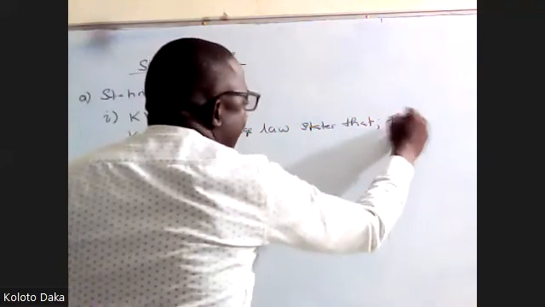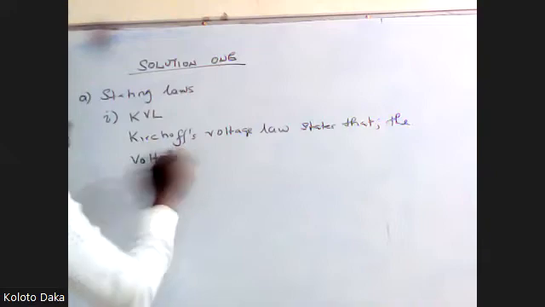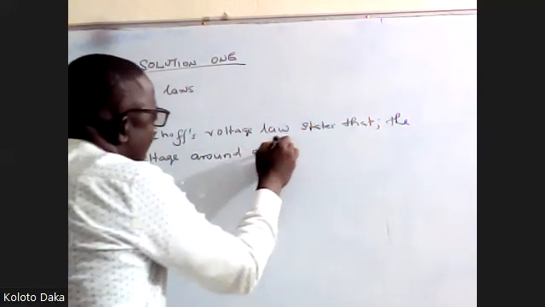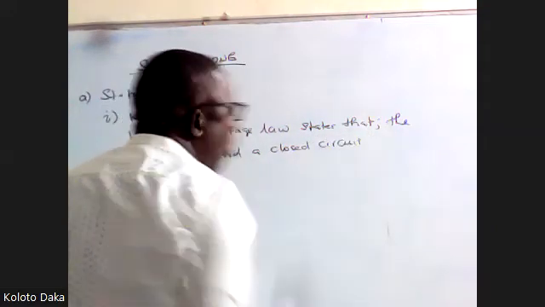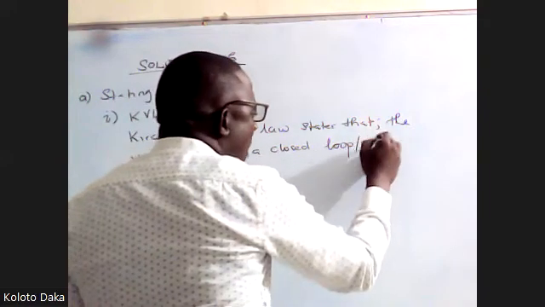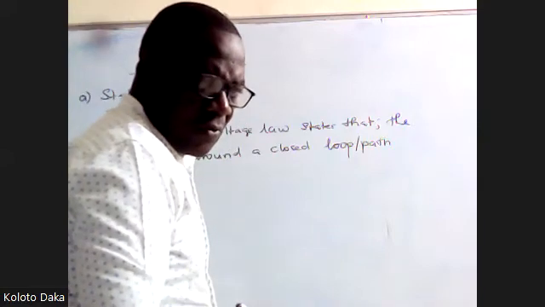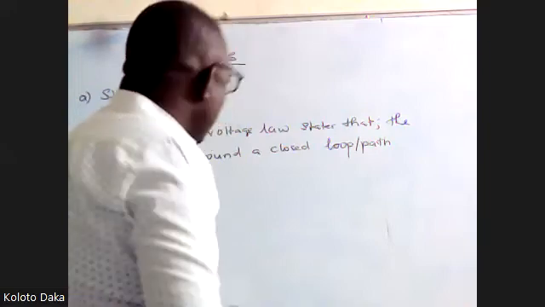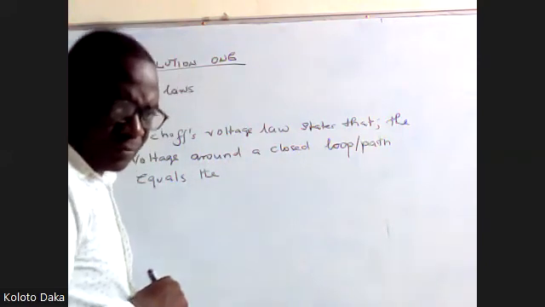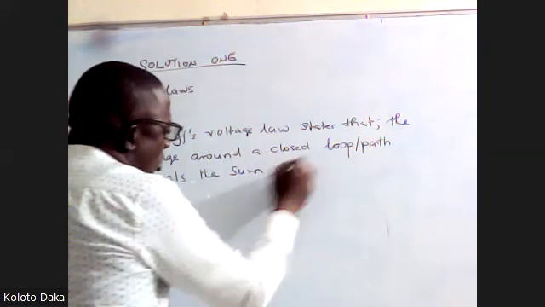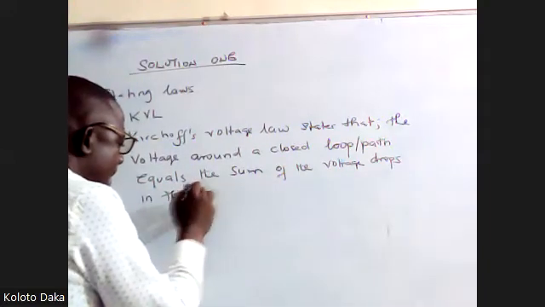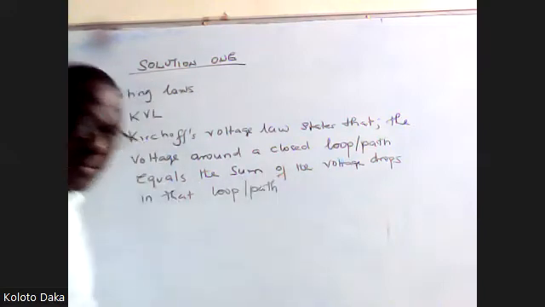Says that the voltage around a closed circuit or path or loop equals the sum of the voltage drops in that loop or path.